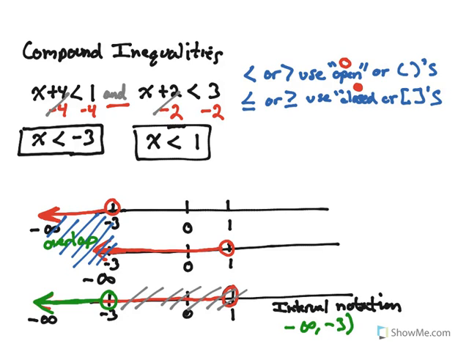And you write it almost like a coordinate. And then we always put parentheses around infinities. So that's a rule. We always use parentheses around negative infinity and positive infinity. That's just something you have to memorize.